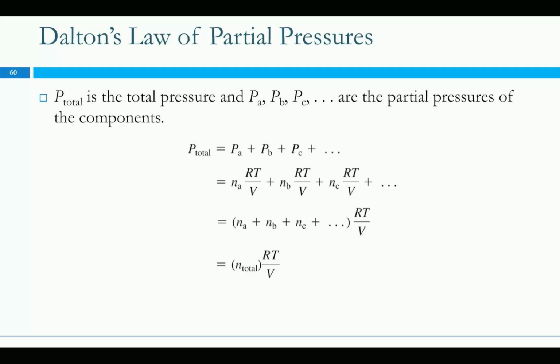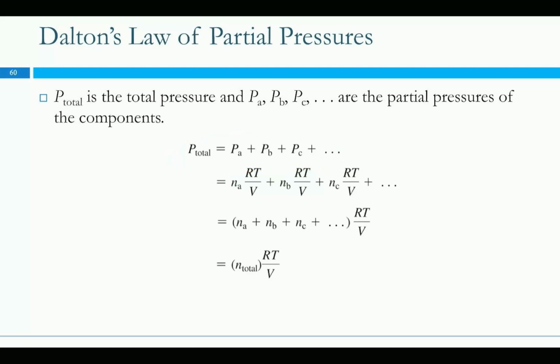If I took the number of moles and added those all together, and then multiplied it by RT divided by V, that would give me the total pressure. Or we could say all of the gases added together.